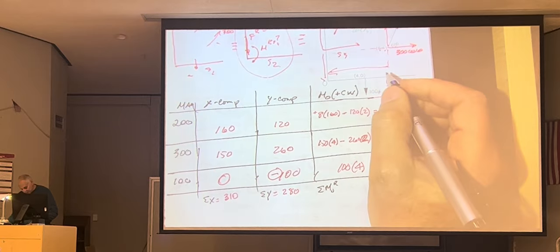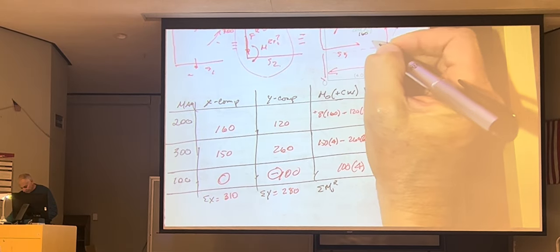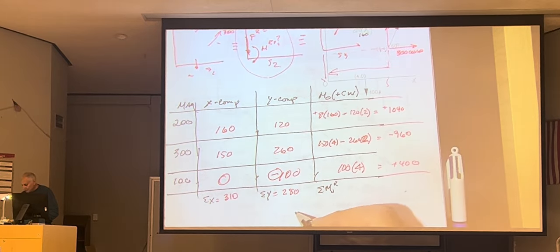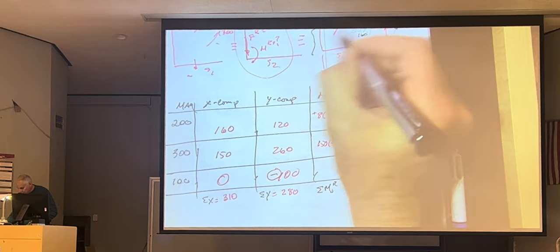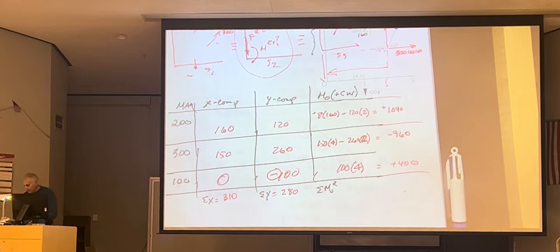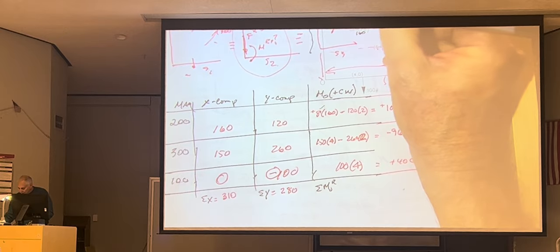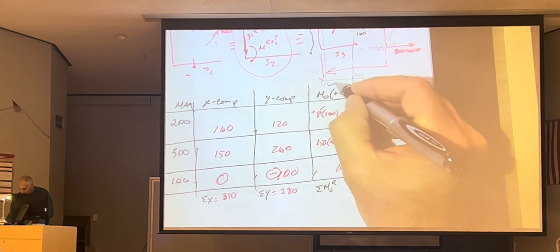So this 160 is this guy, 160 in the x. This is 120. So the x value, I take it back here and I need this distance. Well, that distance is the y, which is the 8. That's why I multiply it by 8. The 120 is the y value, and I need this distance here.